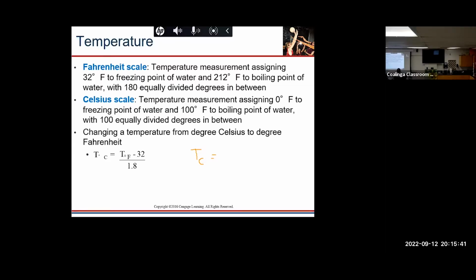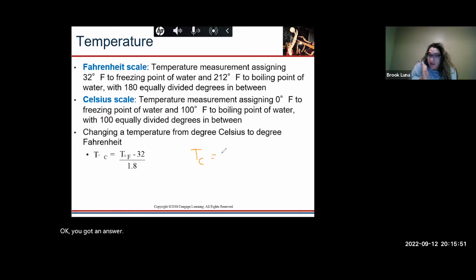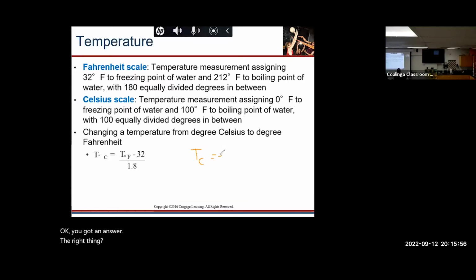Okay, do we got an answer? If I did the right thing, then yes. So we said it's negative 273.15 degrees Celsius. We're going to go ahead and plug that in here.